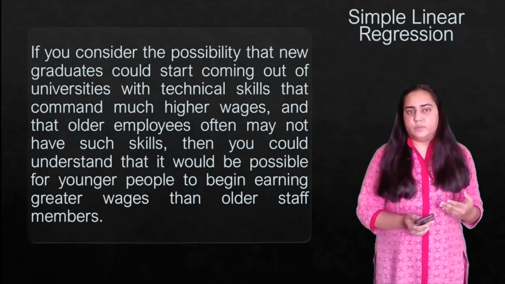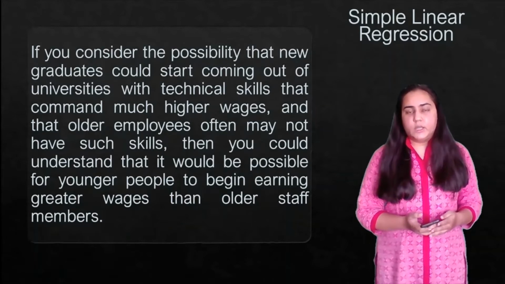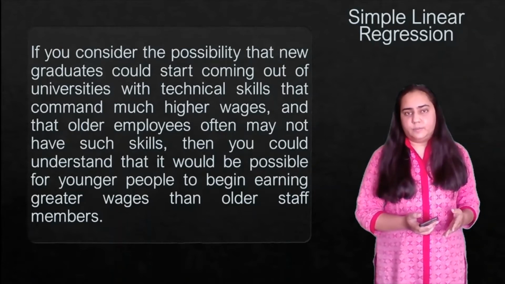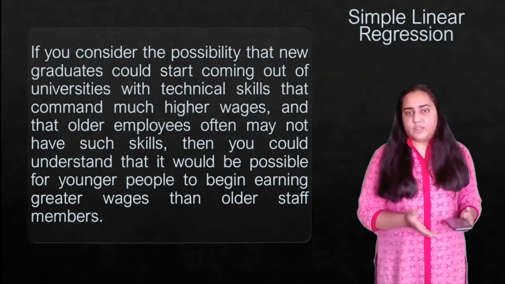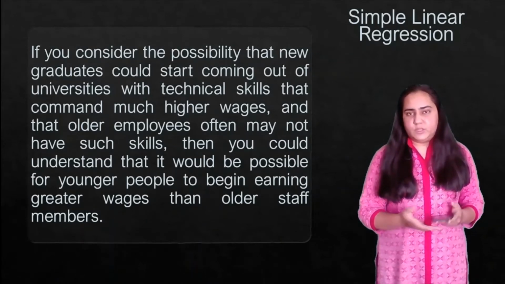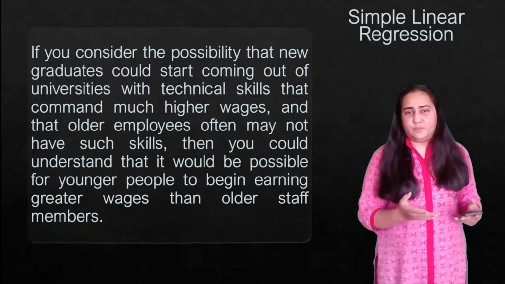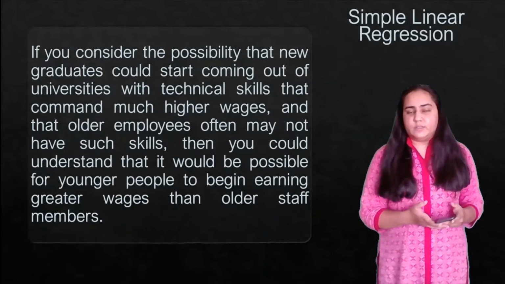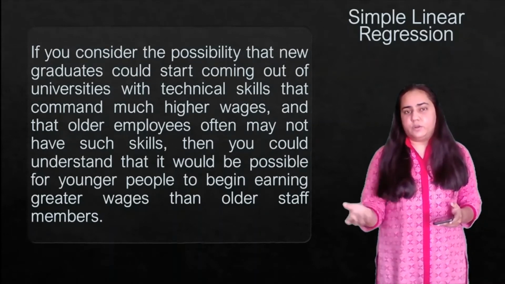So consider the possibility that new graduates could start coming out of universities with technical skills and command much higher wages, and the older employees often may not have such skills. Then you could understand that it would be possible for younger people to begin earning greater wages than older staff members. So this is a possibility that there is a person coming right out of college who knows a lot of new technologies and skills, and due to that might be offered a job with much higher pay than an older staff member.